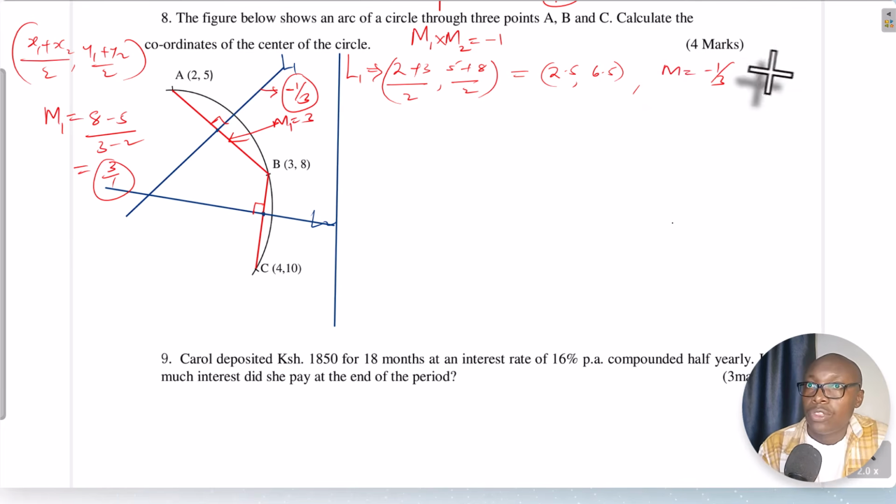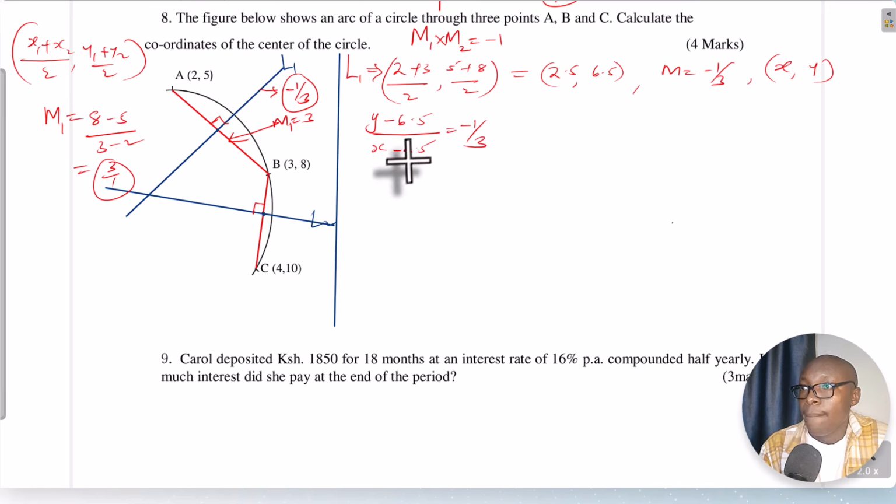So now, to get the equation, you simply take another general point x, y on the line and use the point 2.5, 6.5. So (y minus 6.5) over (x minus 2.5) is equal to -1/3. When you cross multiply, this gives 3y minus 6.5 times 3, which is 19.5, is equal to negative x plus 2.5.